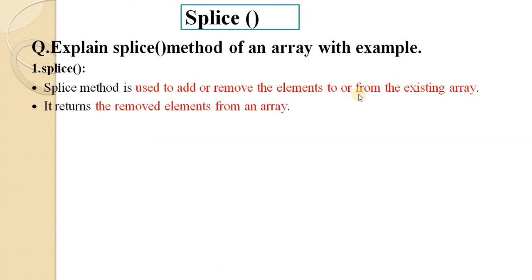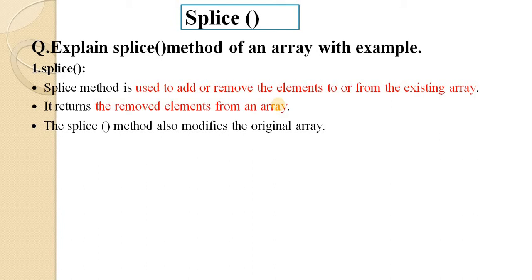Next, it returns the removed element from an array. And the last point is, the splice method also modifies the original array, because it adds or removes elements to or from the existing array.